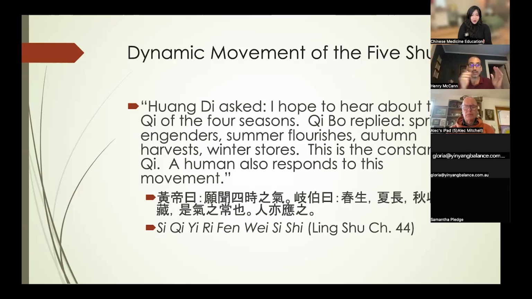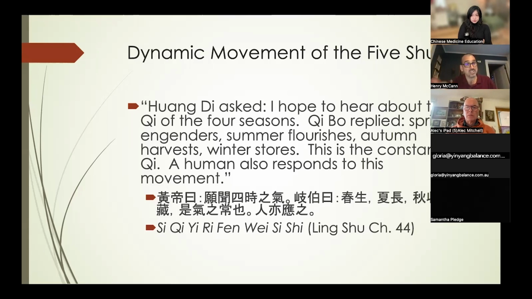So wood is the beginning of yang, and summer, fire, is the maximum expansion of yang. Then autumn is harvesting in, so autumn starts to bring things down and in. This is what the lung is supposed to do. This is what metal is supposed to do, right? Metal is supposed to bring things down and into the body. And then winter is storage.